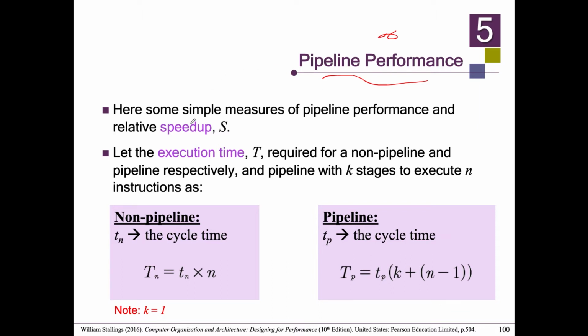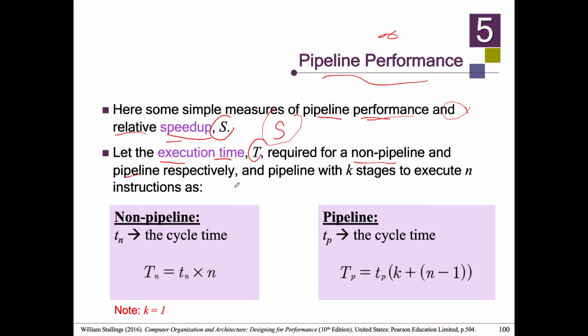Here are some simple measures of pipeline performance, and the unit is S, which is speedup. This is a simple measurement of pipeline performance and also relative speedup. Let the execution time be T, whether non-pipeline or pipeline.